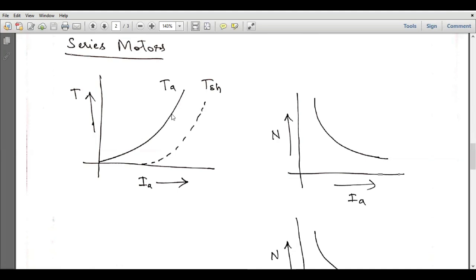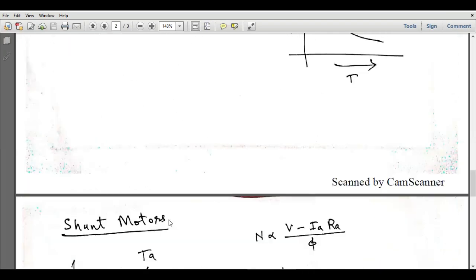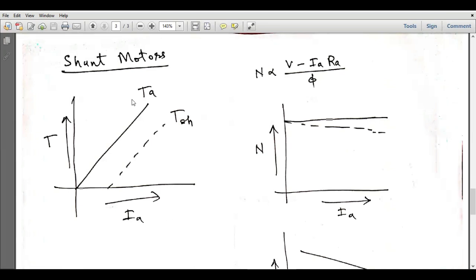Shaft torque is obtained by subtracting mechanical losses, which are windage losses, friction losses, and bearing losses, from the armature torque. So that will be smaller as compared to the armature torque.